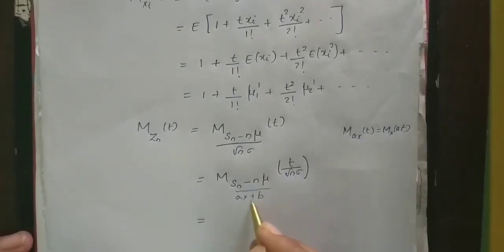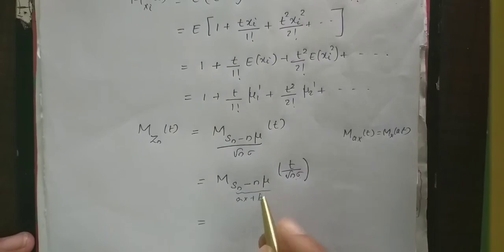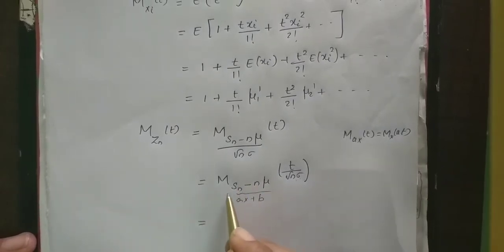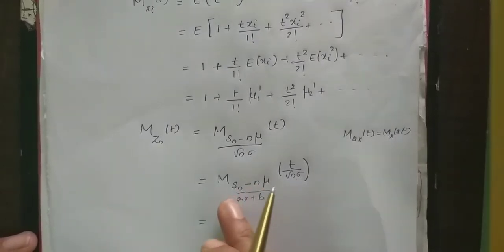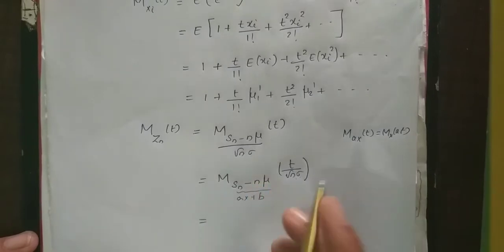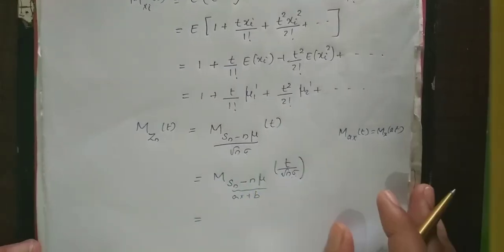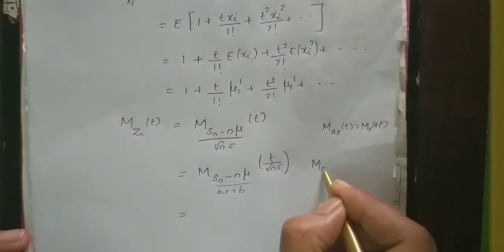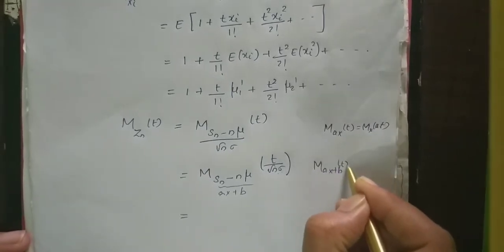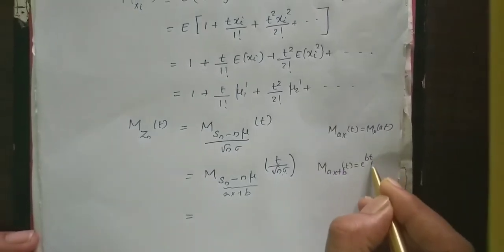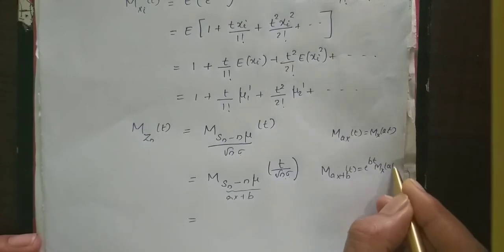If it is in the form aX plus b, we can say this Sn contains Xi, the sum of Xi's. So this is a random variable and this is a constant. So if it is M of aX plus b of t, this is equal to e raised to bt into MX of at.